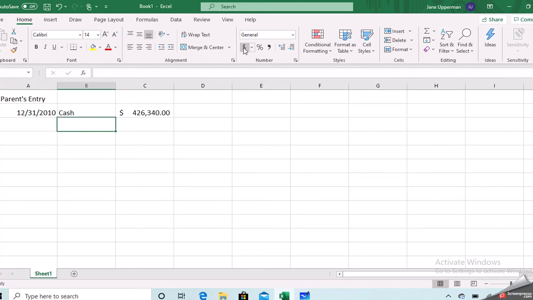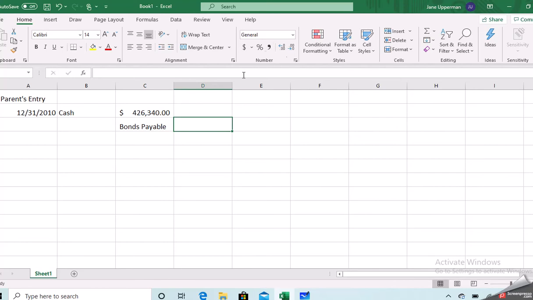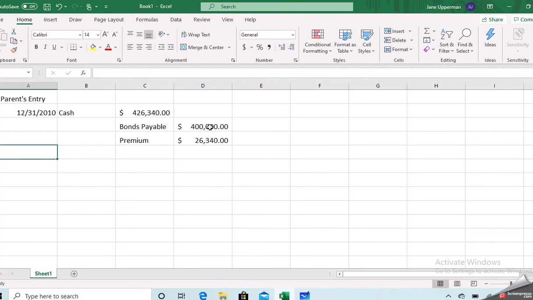Okay, then they are going to set up the bonds payable at the $400,000 face value. And then they're going to record a premium on that bond. Okay, so those would be their entries.